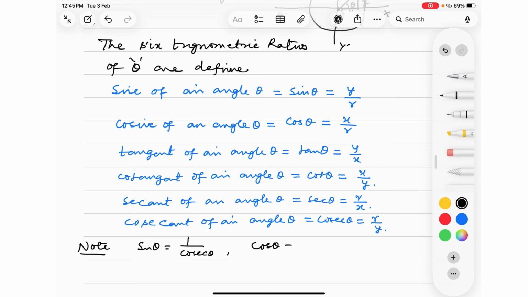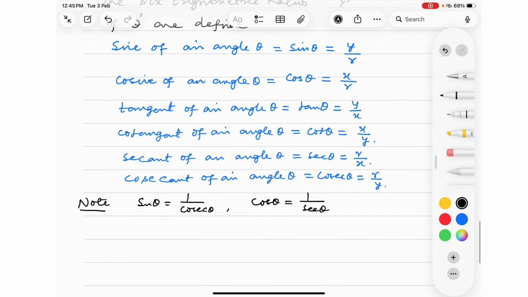Cos theta is equal to 1 by sec theta. Tan theta is equal to 1 by cot theta. This is the next very important fundamental.